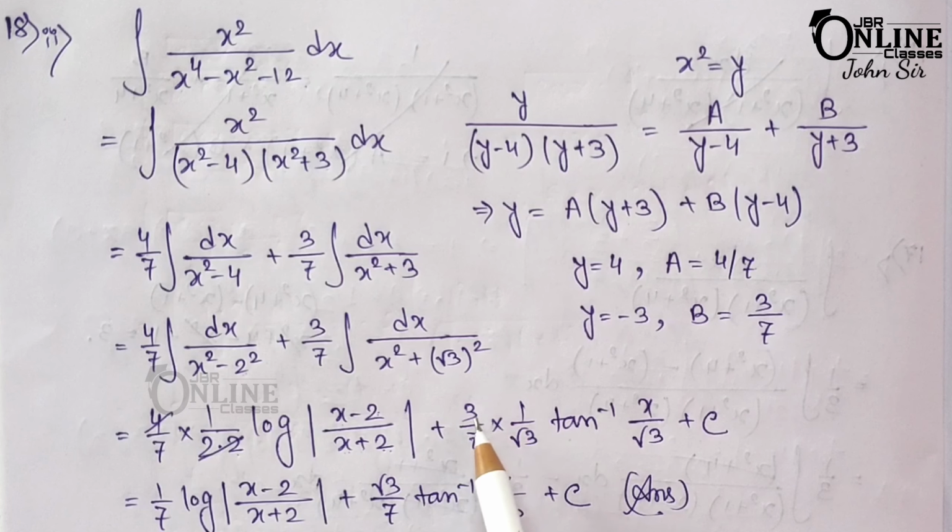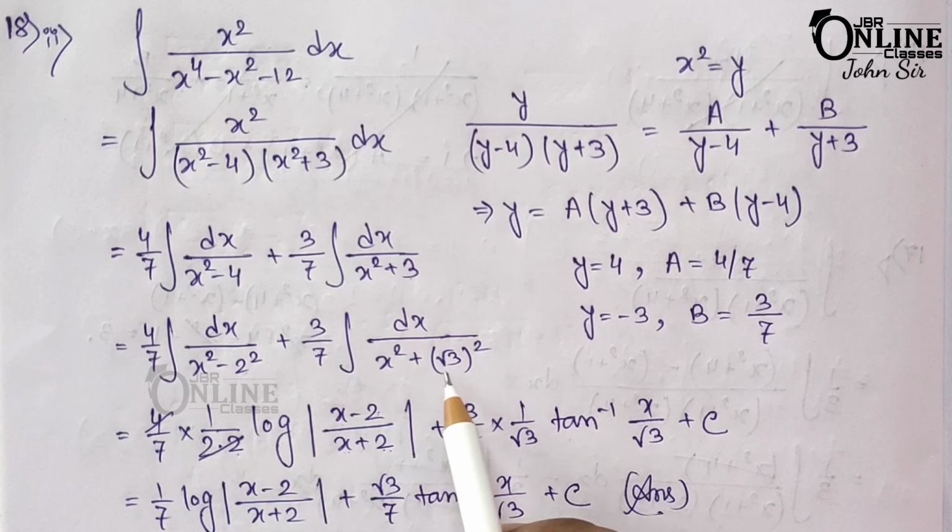For this one 3 by 7, here 3 means root 3 whole square. That means x square plus a square formula. You know that formula, it's tan inverse. So 1 by a tan inverse x by a plus c. So your final answer 1 by 7 log in mod x minus 2 by x plus 2 plus root 3 by 7 tan inverse x by root 3 plus c as your answer.